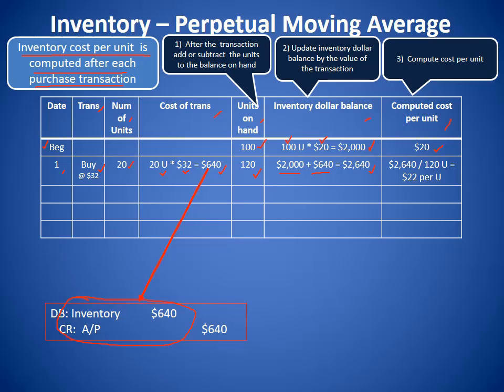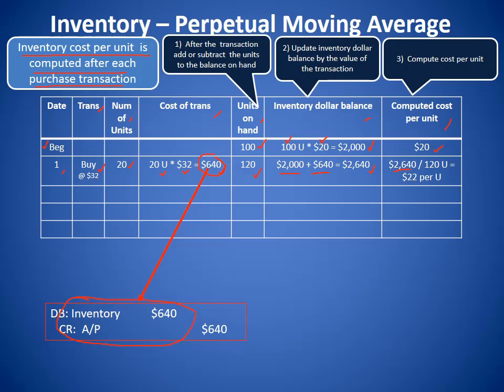Now I want to compute what is the cost per unit in my inventory, and you'll notice I call this a moving average. So I'm going to take the cost from my previous transactions, which is basically my $2,000. I'm going to add the $640 addition, so the total comes up to $2,640.